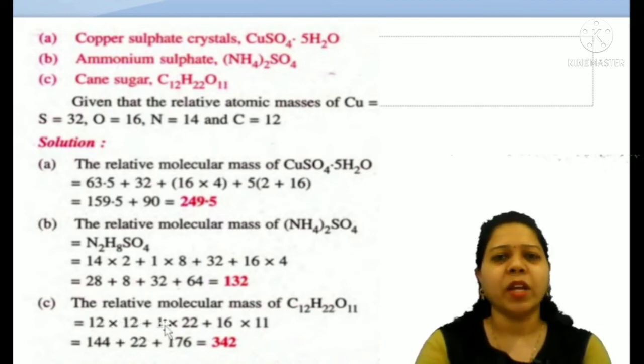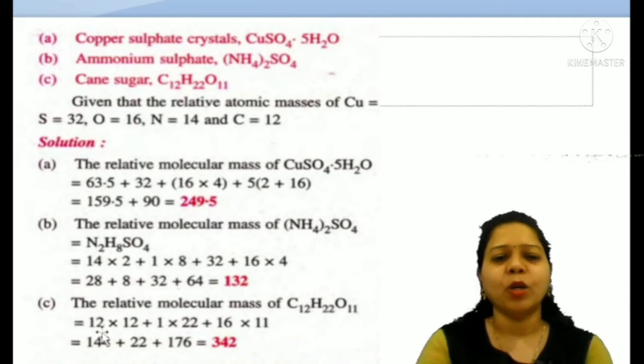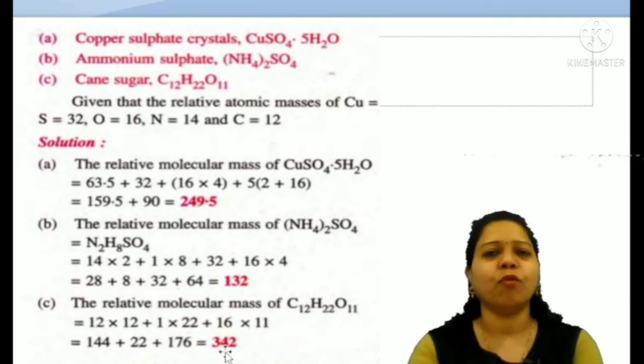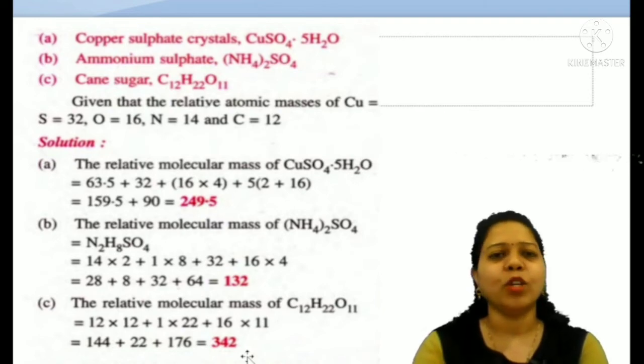Mass of 1 hydrogen is 1. Here how many hydrogens? 22. That's why 22 into 1 we are doing. And mass of oxygen we know is 16, and we are doing into 11 because the number of oxygens is 11 here. After doing the calculation we get 342, which is the relative molecular mass of cane sugar.